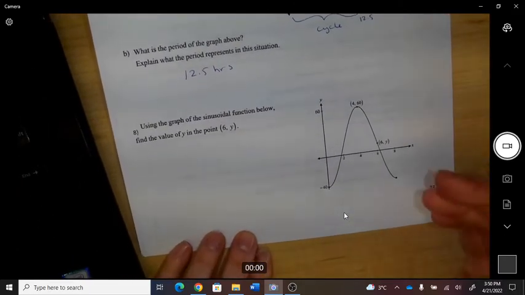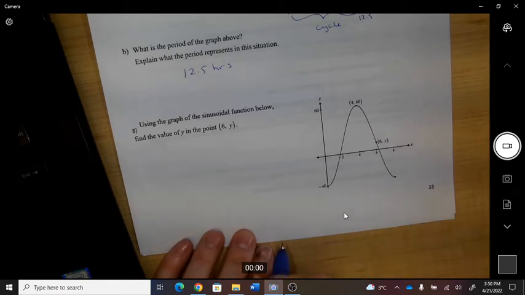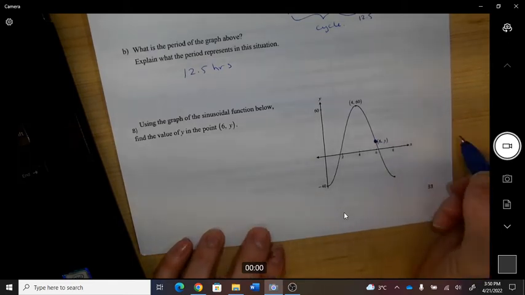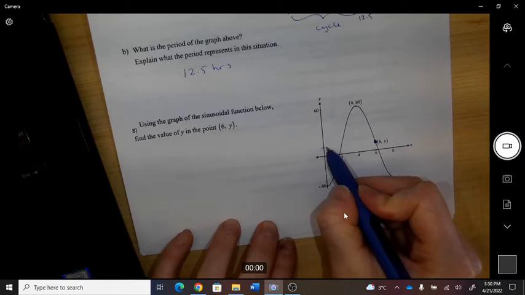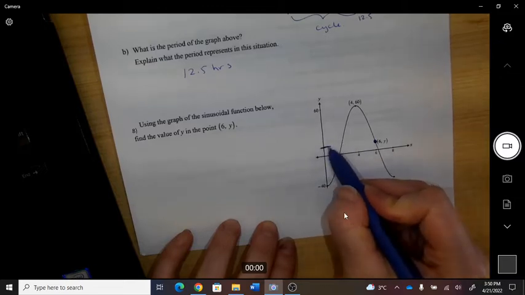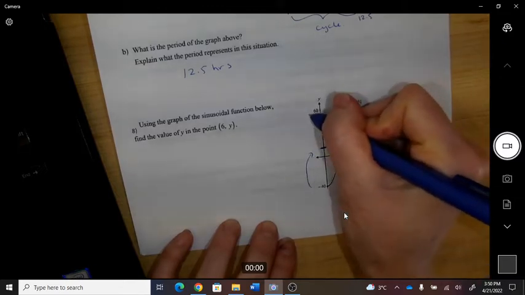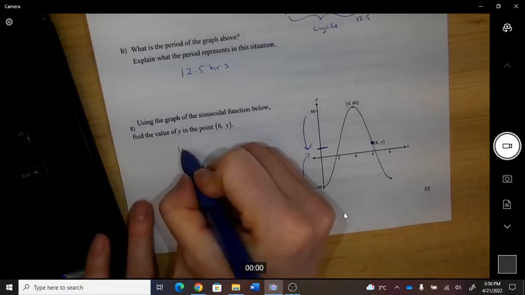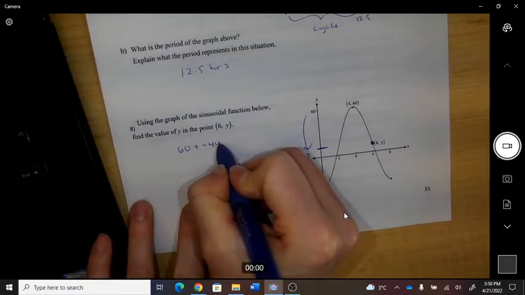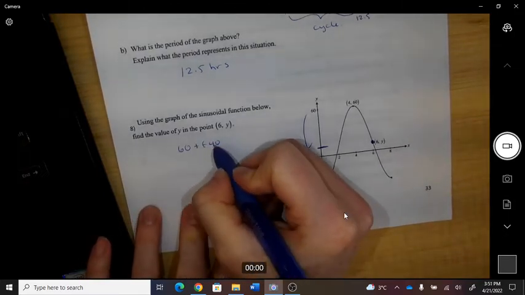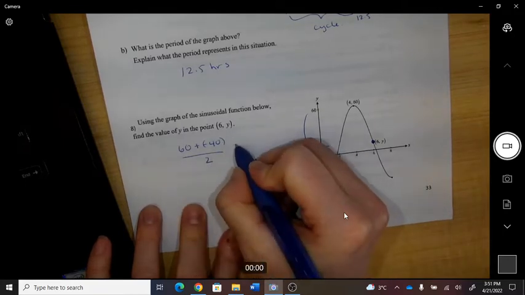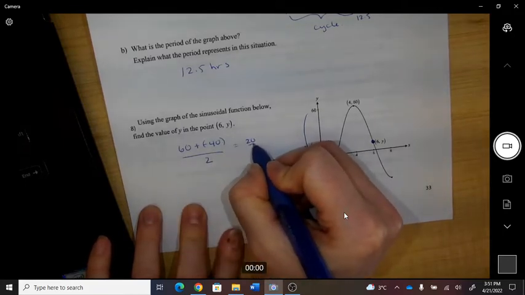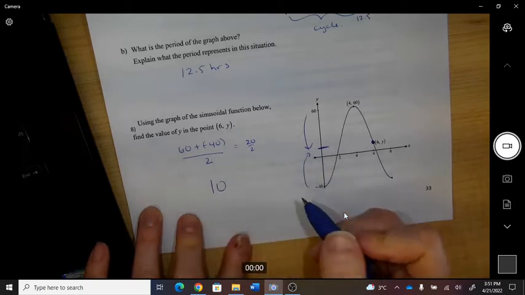Using the graph, find the coordinate right here. Okay, so the middle height is what I'm after. So what's halfway in there? So I could add the two values and average them. So 20 divided by 2, so this is 10.